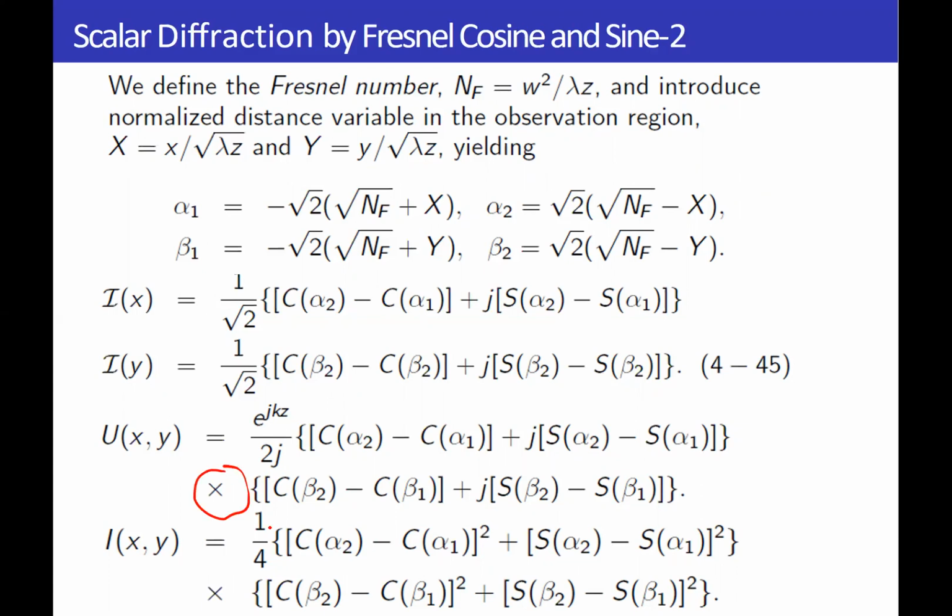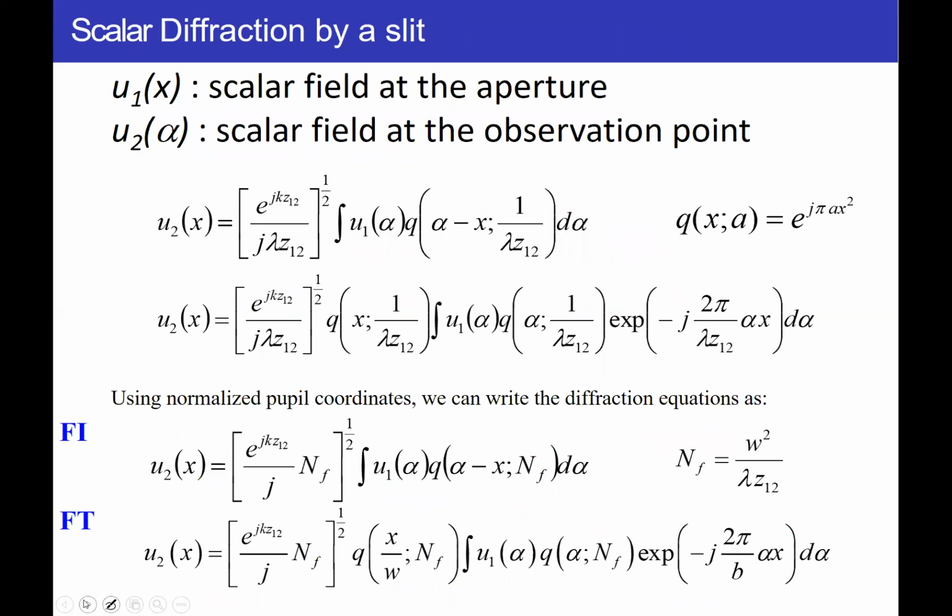And then our intensity pattern would be the multiplication of Ux and Uy, U times U star, the complex conjugate, and then you get these factors like this. So this is the 1 over 4 term coming here. And that's what we have already seen.